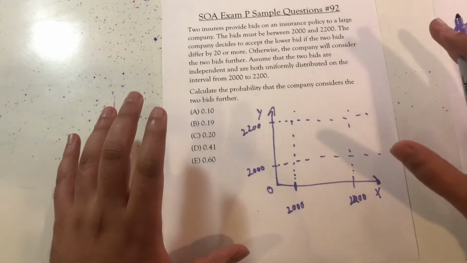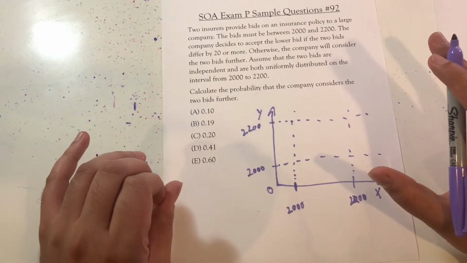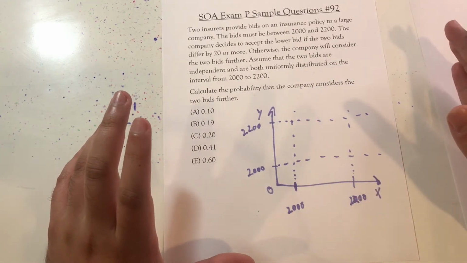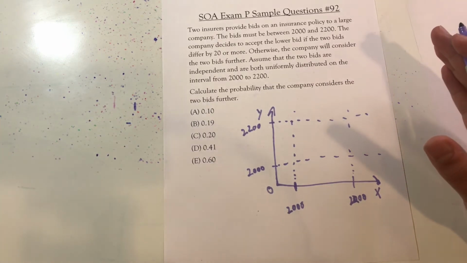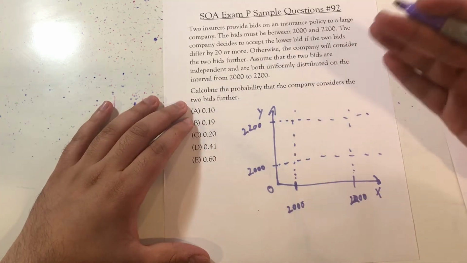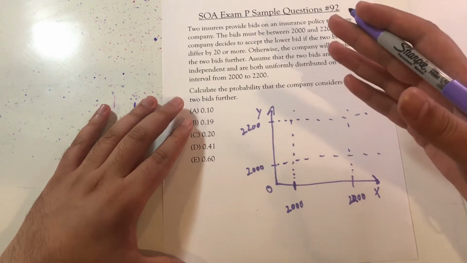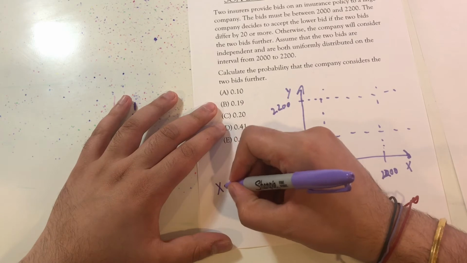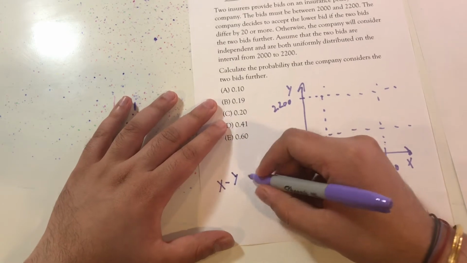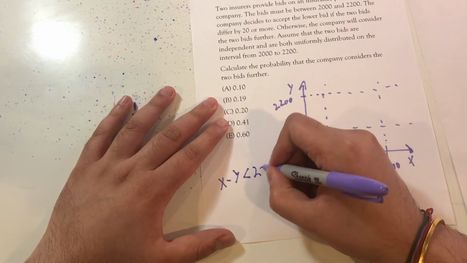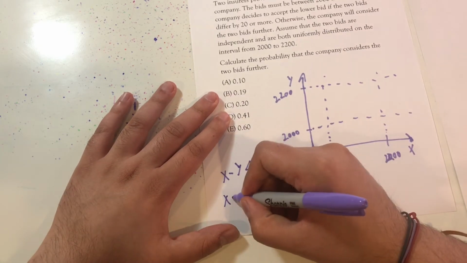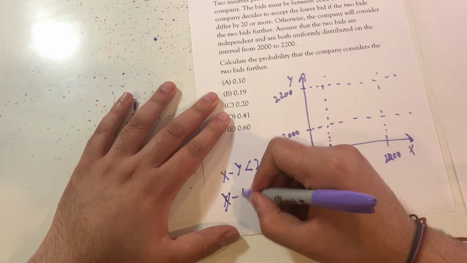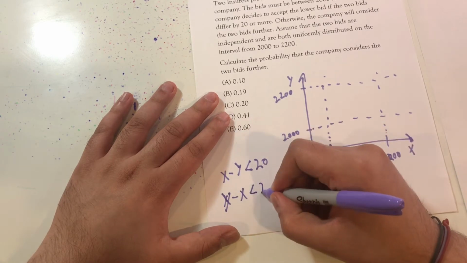Now, we're asked about the probability that the company will further consider two bids. They consider two bids when the difference is less than 20. So when X minus Y is less than 20, or Y minus X is less than 20.